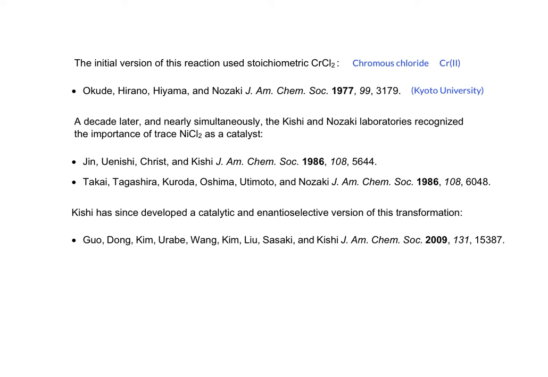researchers realized that chromous chloride was generally contaminated with a small amount of nickel chloride, but the higher, purer grades of chromous chloride did not work in this reaction. This discovery was reported nearly simultaneously by Kishi's laboratory at Harvard University and by Nozaki's laboratory.